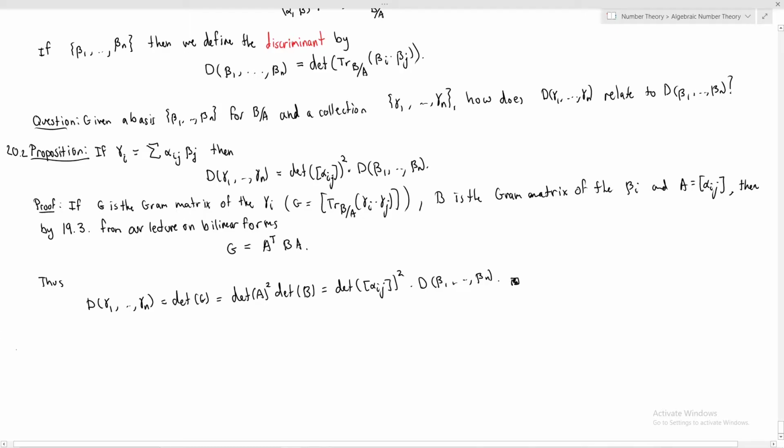So 20.3 remark. If these gamma i's are also a basis, then the matrix A is invertible.